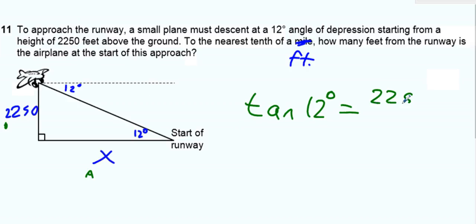Opposite over adjacent. Cross multiply, solve this out. So you're going to multiply by the x and then divide by tangent.